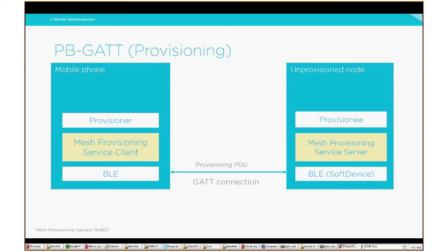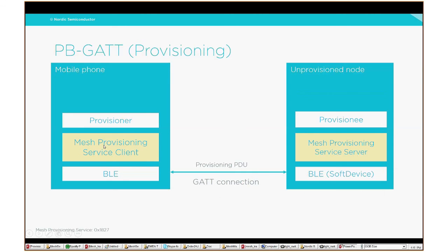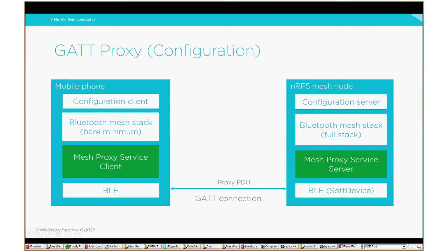And the next is to do configuration. As I said, when doing configuration, the mesh node will advertise as a normal proxy node, and then the mobile phone will connect and use the mesh proxy service instead of the mesh provisioning service as in provisioning. So it will use the mesh proxy service to start talking to the proxy server, and on top of that we'll have a configuration client, a mesh configuration model, talking to the Bluetooth mesh stack.